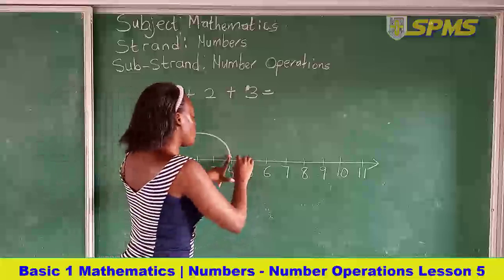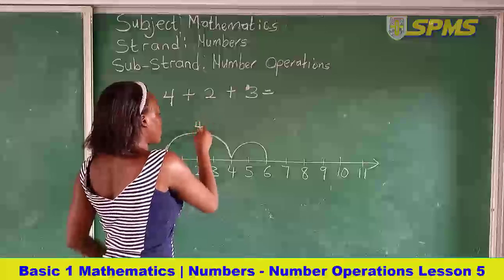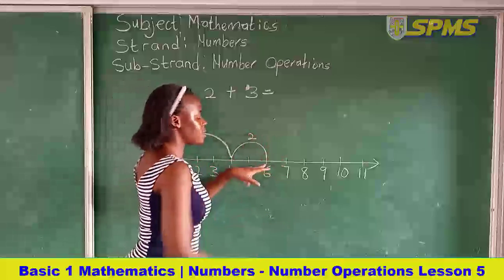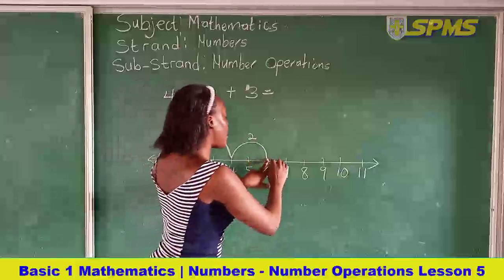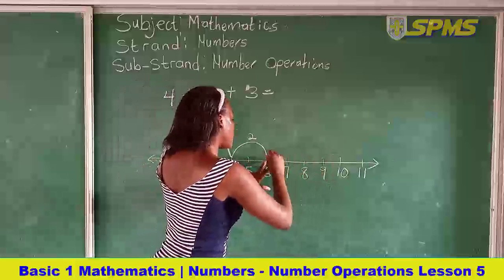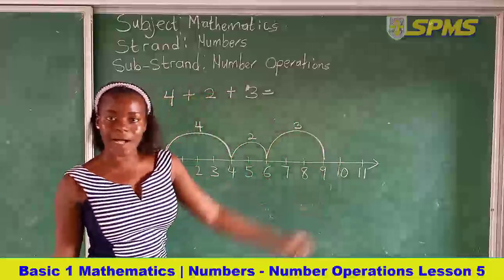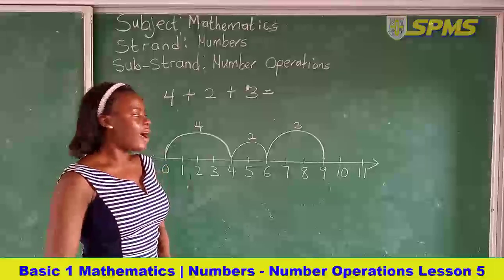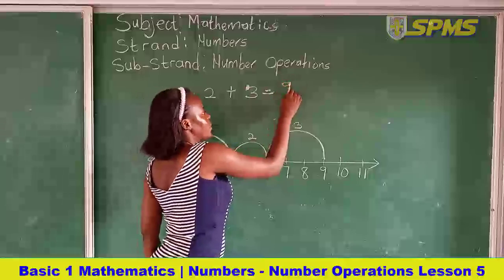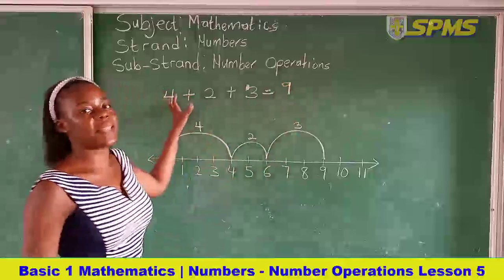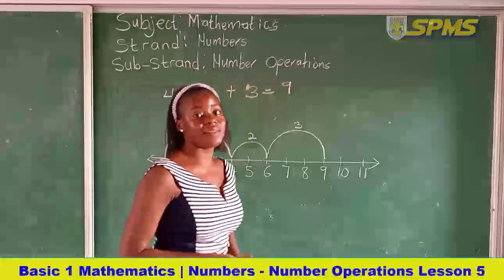You count 1, 2. So you write your 4 here, your 2 here, so that someone can identify what you are doing. Then the next one, 1, 2, 3. So it will be on 9. So what is our answer? Yes, our answer is 9. Very good. So you write the 9 here, meaning 4 plus 2 plus 3 will give us 9. This is very easy.